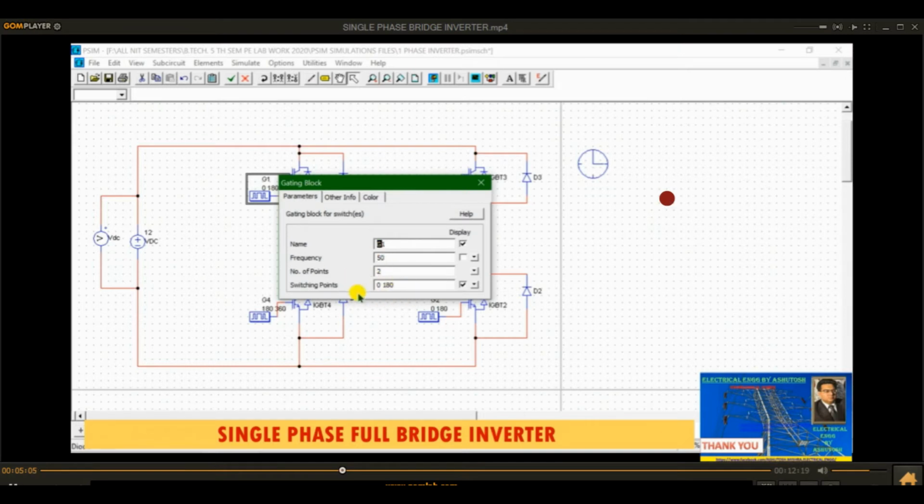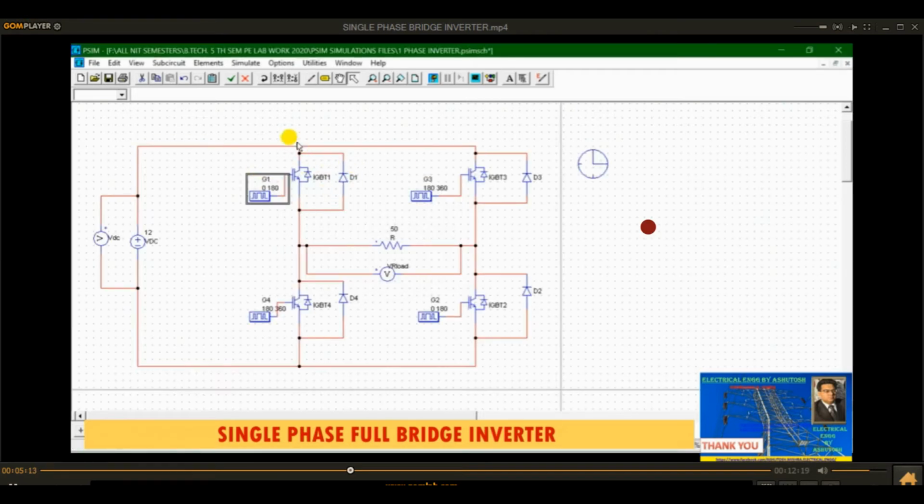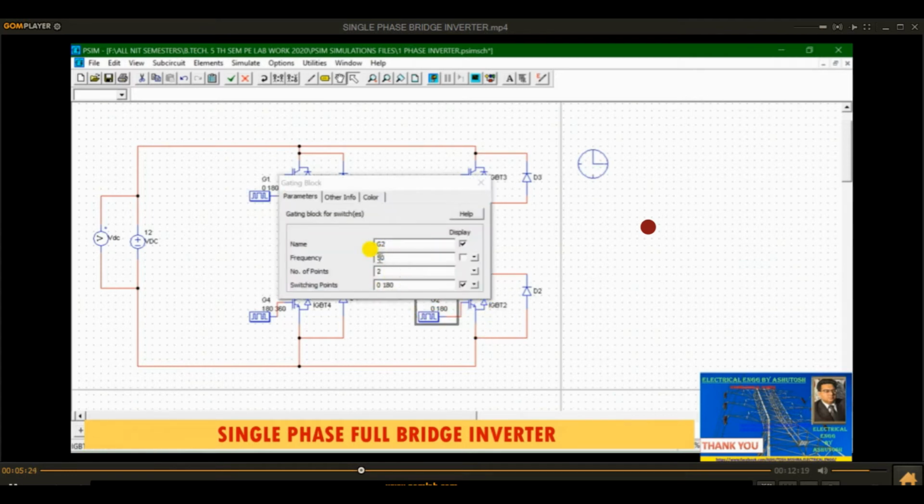I have put the value in this box, switching points 0 to 180 degree for this thyristor IGBT1, and also because T1 and T2 conduct at the same time. So for IGBT2, I have put the same firing angle or conduction angle from 0 to 180 degree, as you can see here.